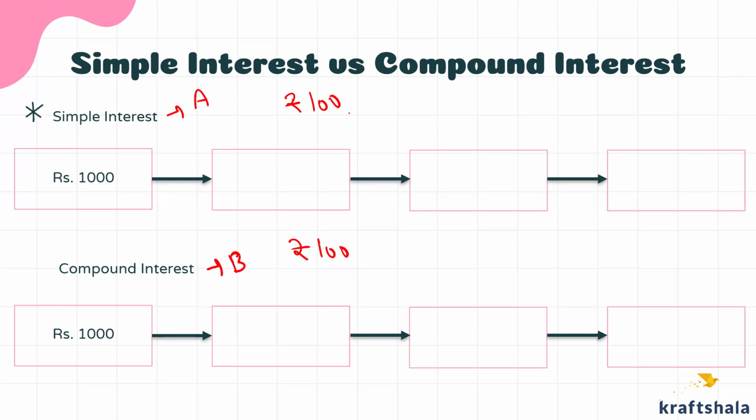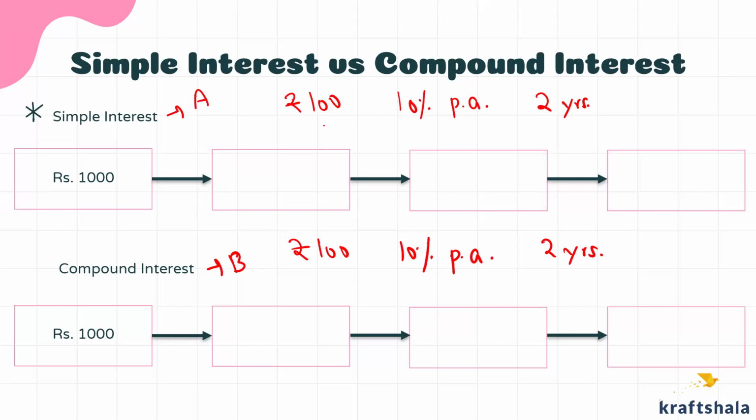Both your friends are giving you this 100 rupees at 10% per annum for 2 years. ठीक है? Now you want to know कि in which case you have to return a lesser amount. ठीक है?